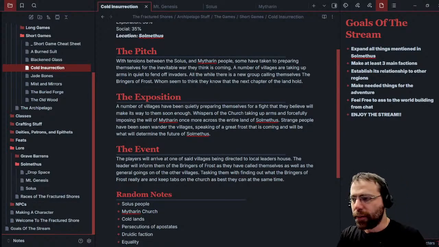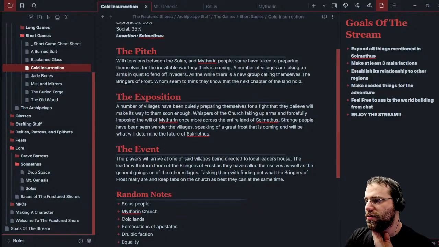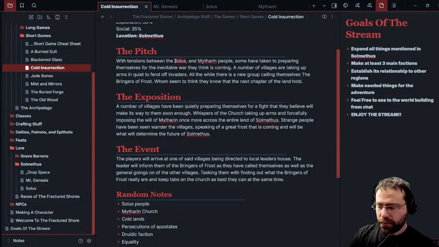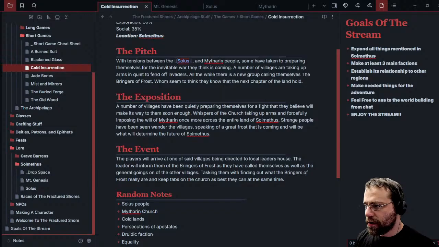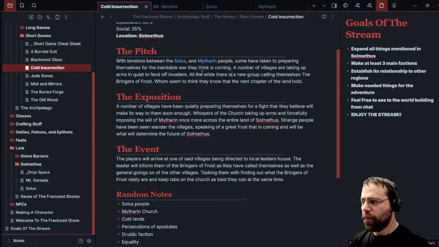Okay, there we go. Let's see here. The Solus and Matharan people have taken to preparing themselves for the inevitable war they think is coming.